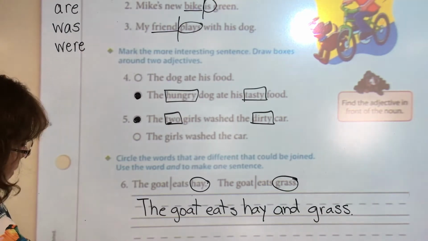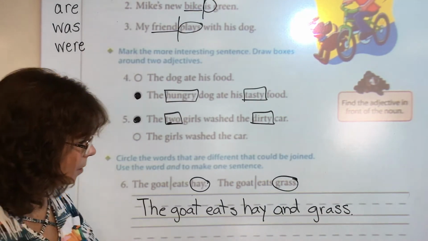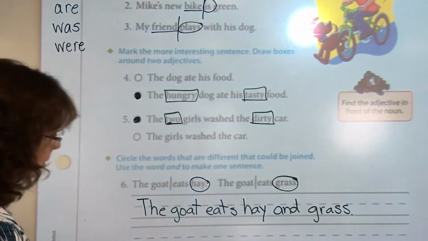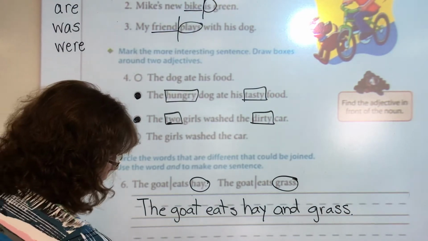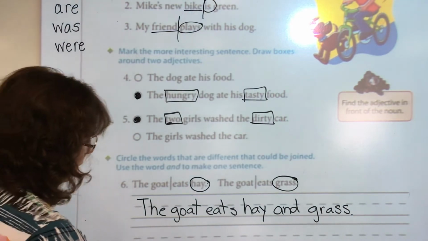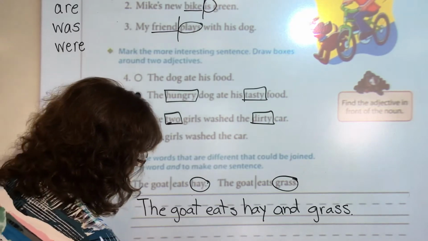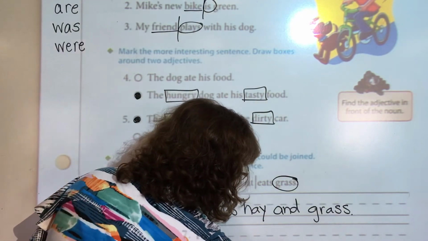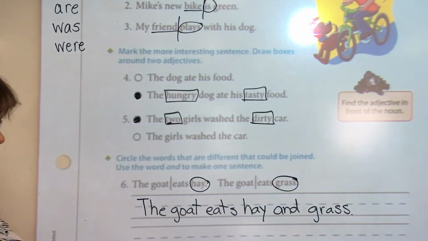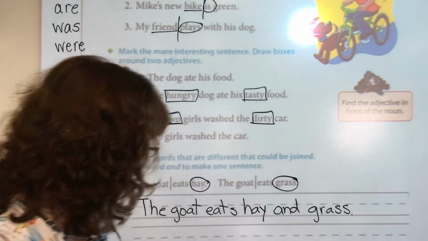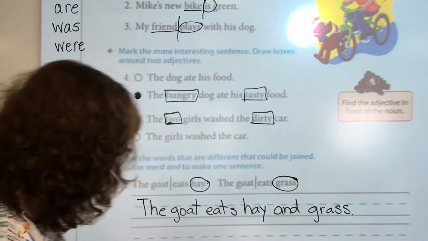Okay, for number 7. The horse walks in the field. The horse walks in the barn. The horse, our subject, is the same. The things that are different are field and barn. So we're going to combine these two sentences, putting an and between field and barn.